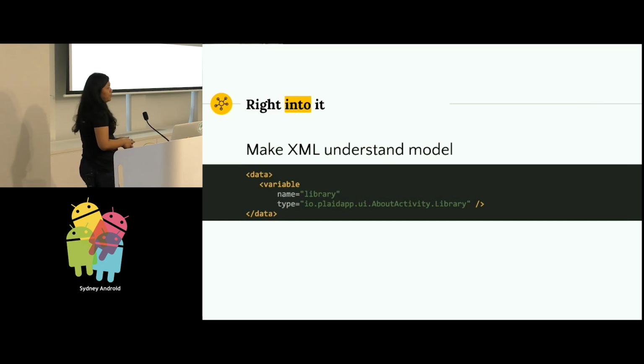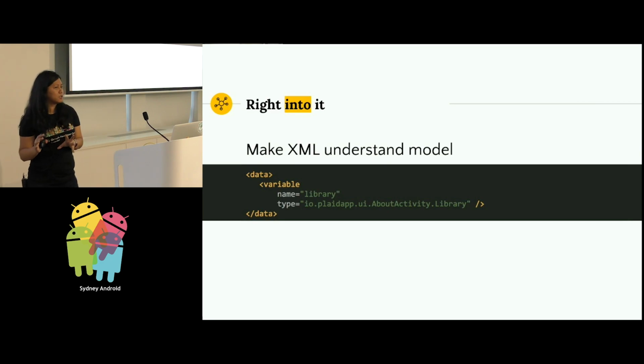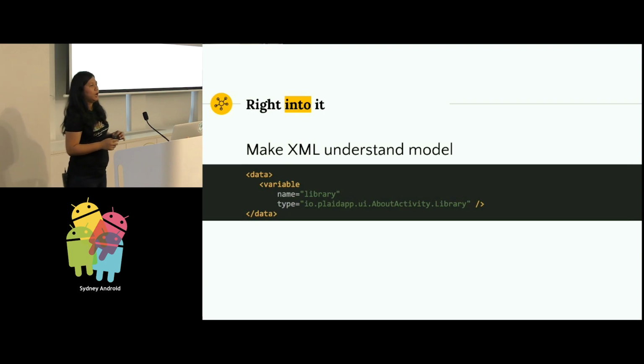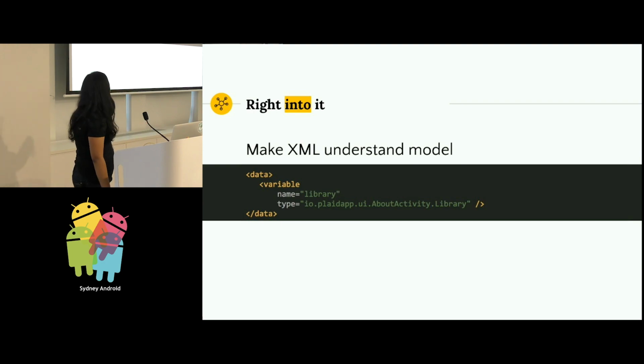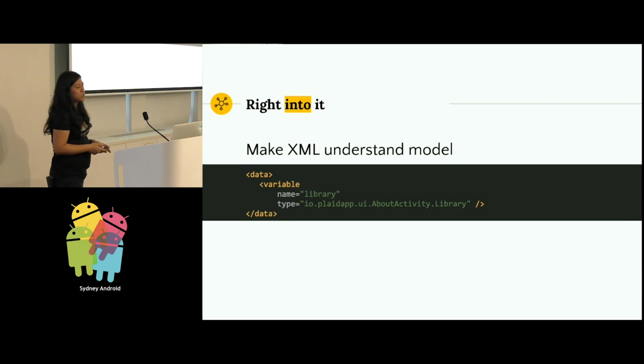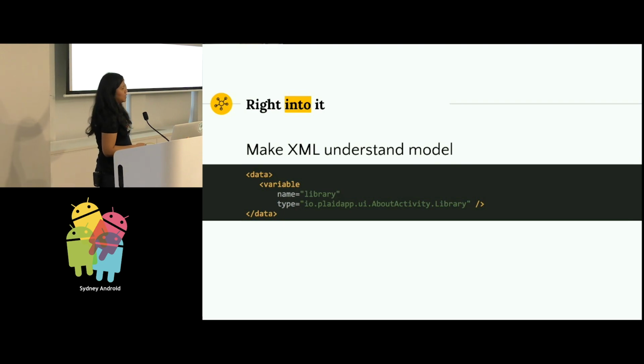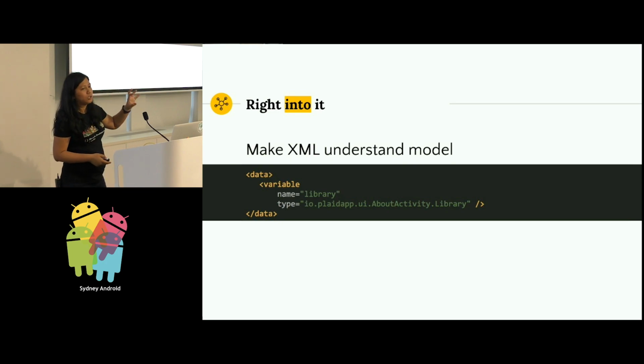The difference between this one and the first file that we converted is that we actually have a model of a library that we want to display in the list, like your typical RecyclerView and ViewHolders. So we need to make data binding understand that model, or that POJO, and we do that by setting a variable in our layout file. If you do this in your XML, data binding will automatically generate a setter in the generated binding file.